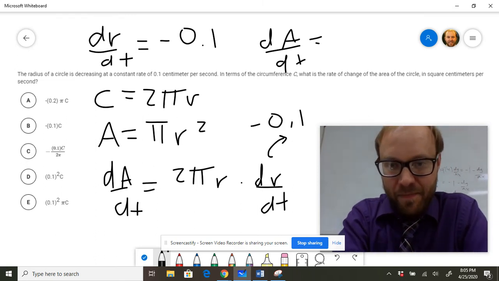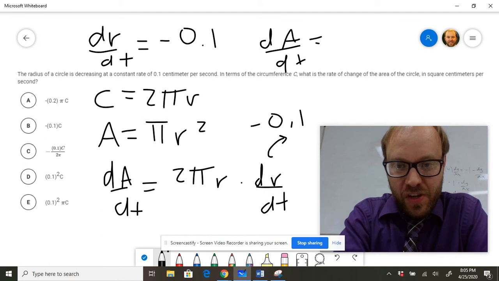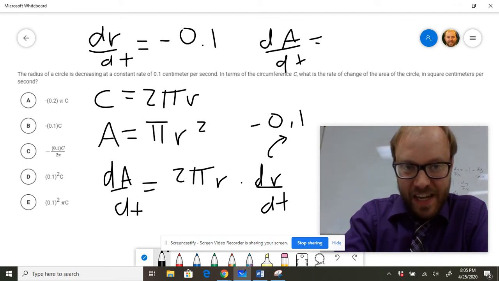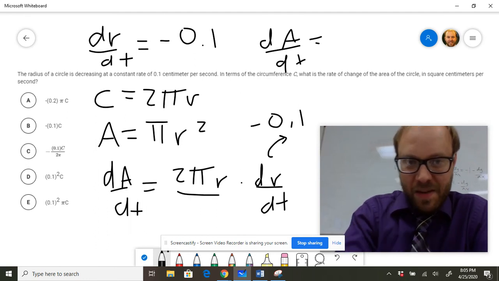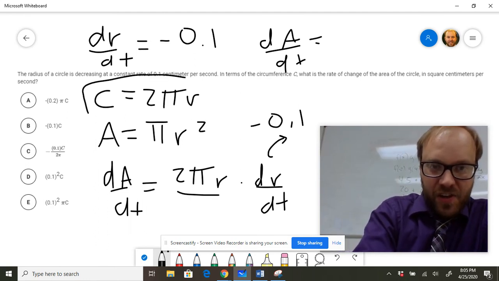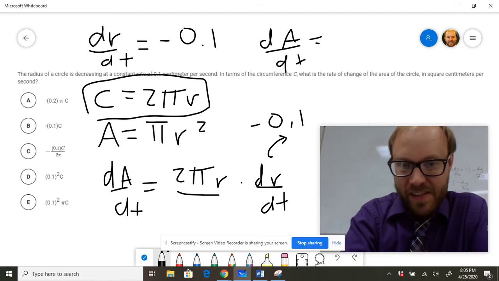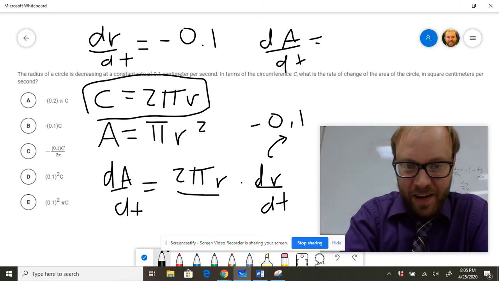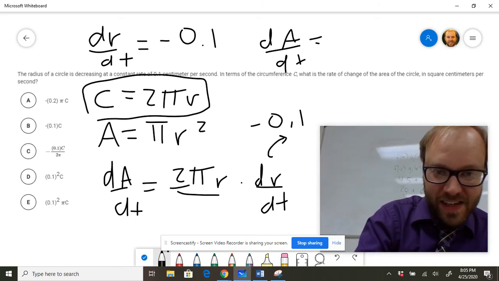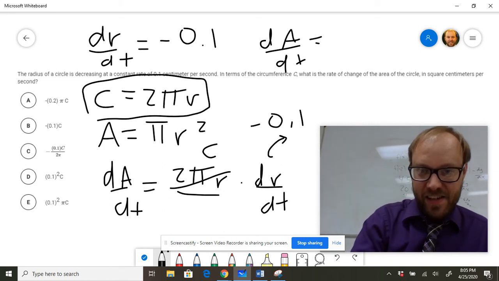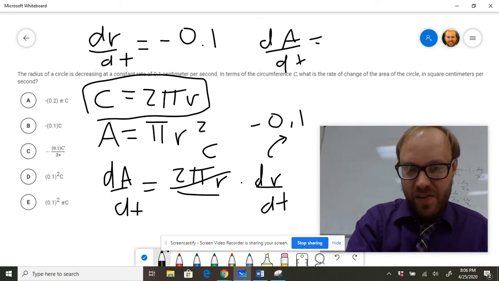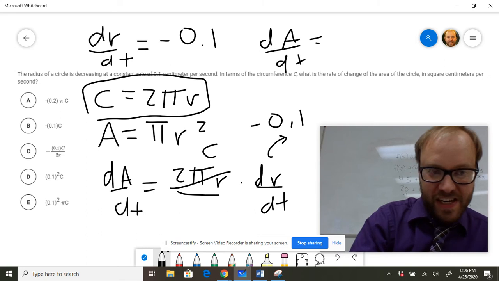And if you look at this, the circumference is equal to 2 pi r. They're the same thing, so all I need to do is make a substitution into my equation. 2 pi r is the same thing as the circumference, and that means that dA/dt is going to be equal to negative 0.1 times C.